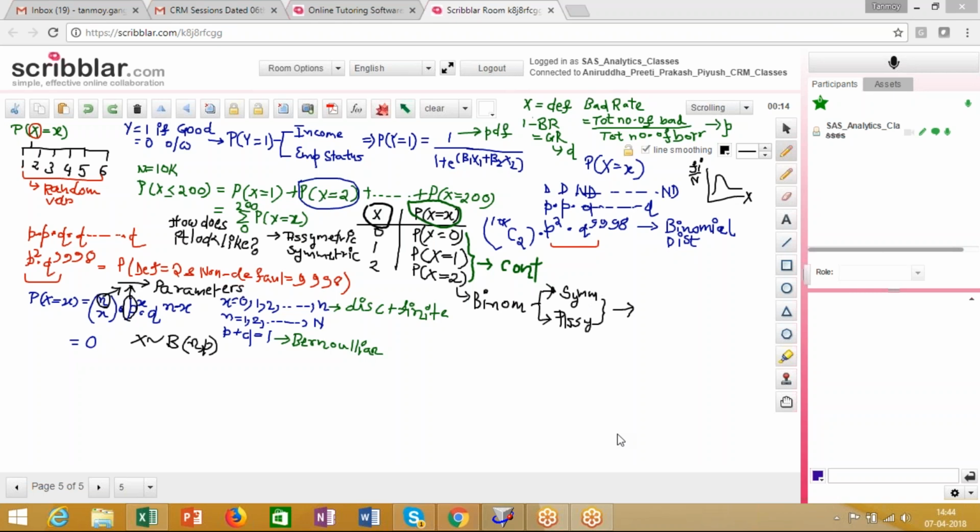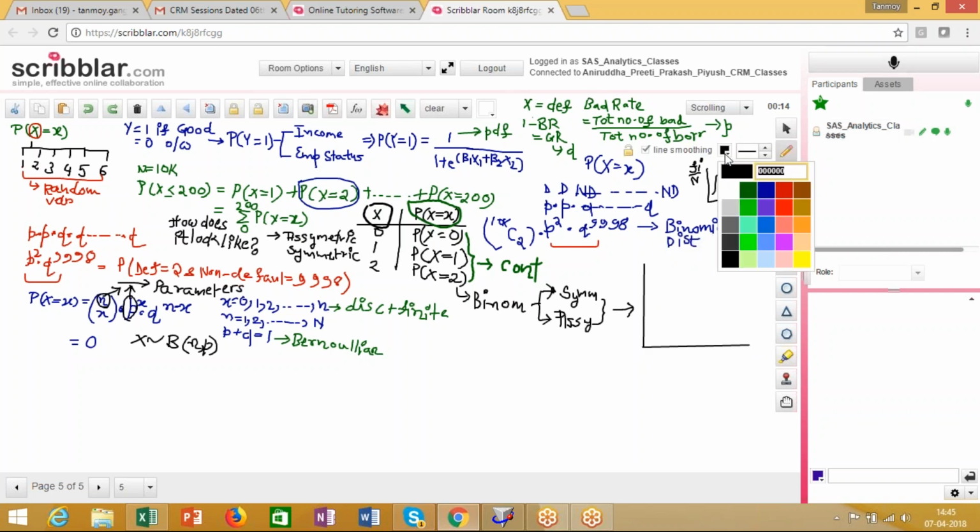So let's first recap what a symmetric distribution and an asymmetric distribution look like.